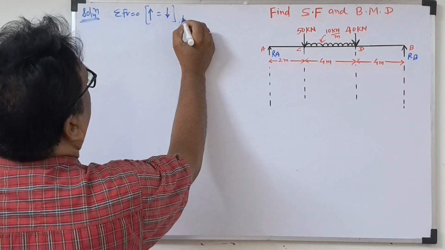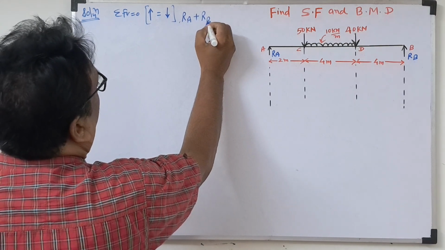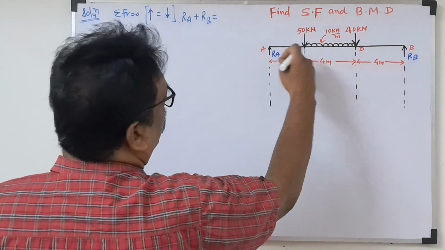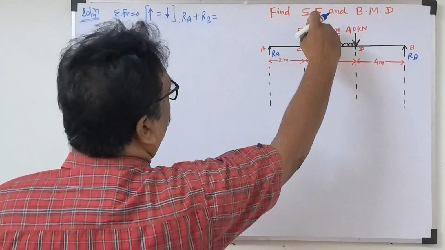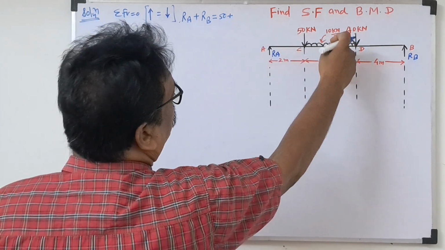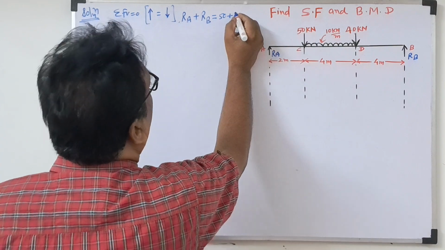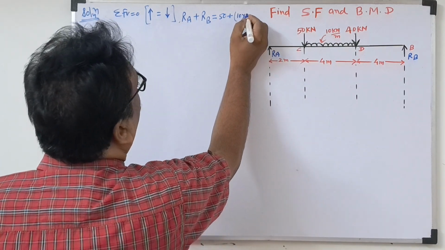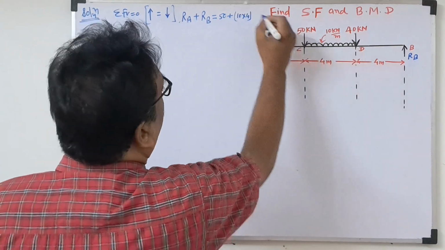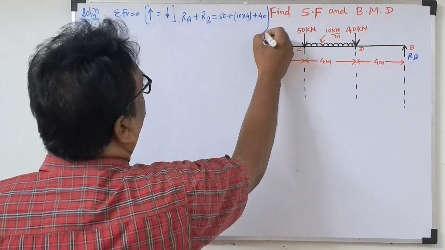So we are writing RA plus RB is equal to the downward forces: 50, then another downward force, the UDL. UDL per unit length, so 10 into 4, keep it in brackets, then another load plus 40.